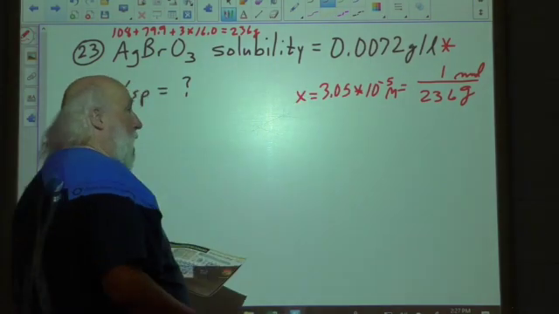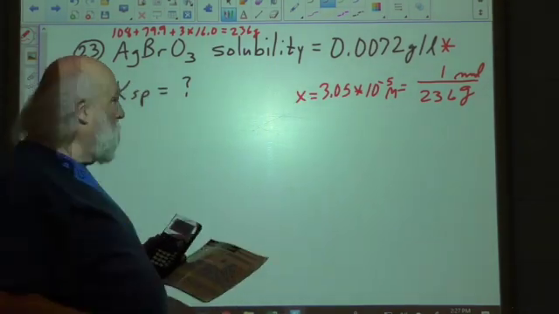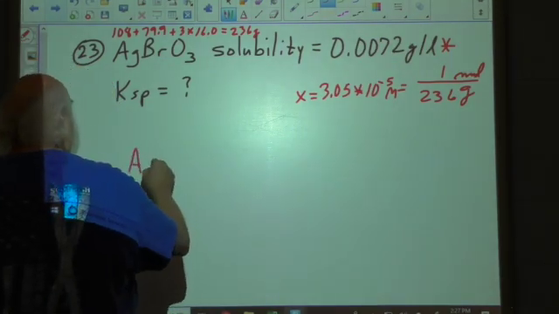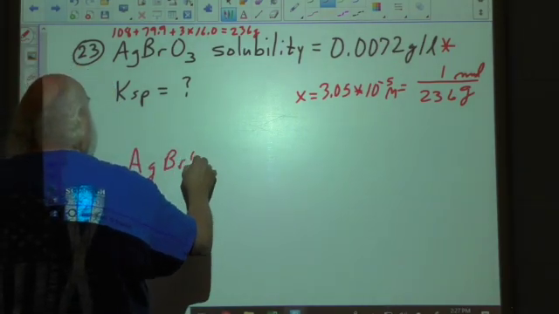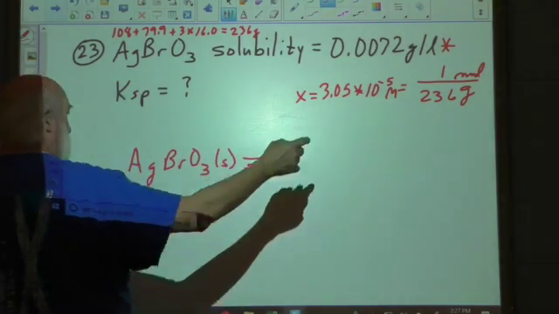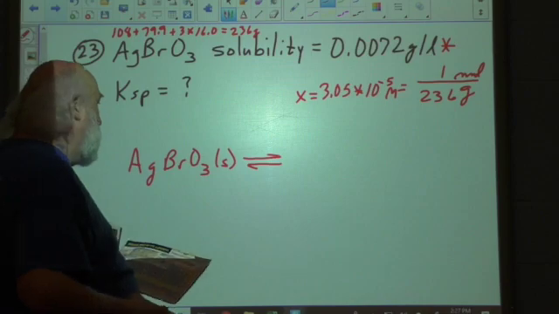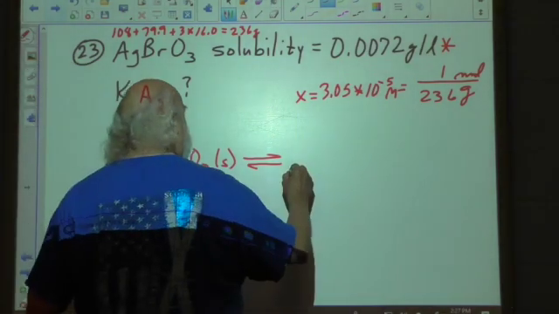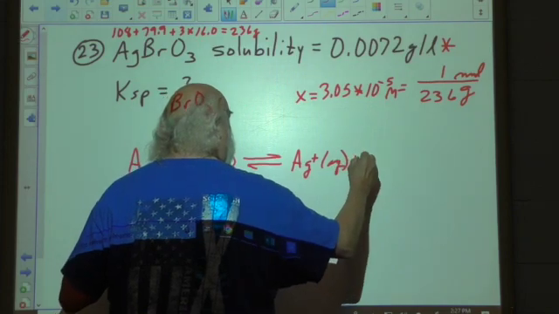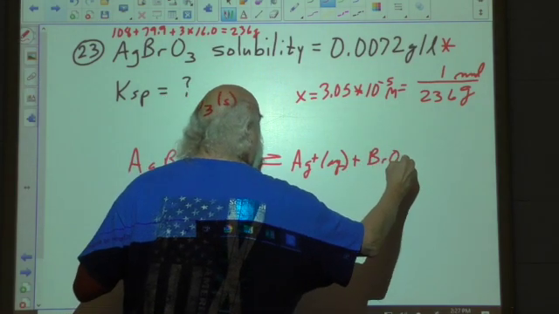That is how many moles per liter are going to dissolve in water. And so when I write the reaction, AgBrO3 solid, double arrow, because it's going to be a really small number here, it's going to be Ag positive aqueous plus BrO3 negative aqueous.